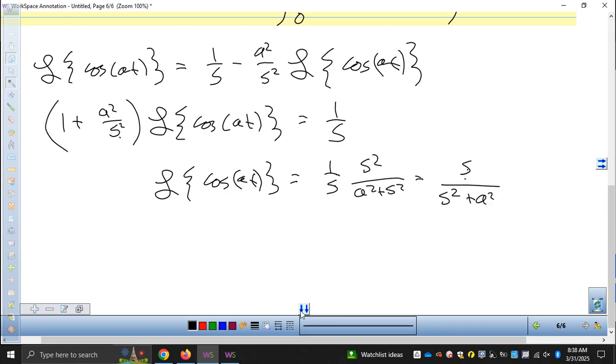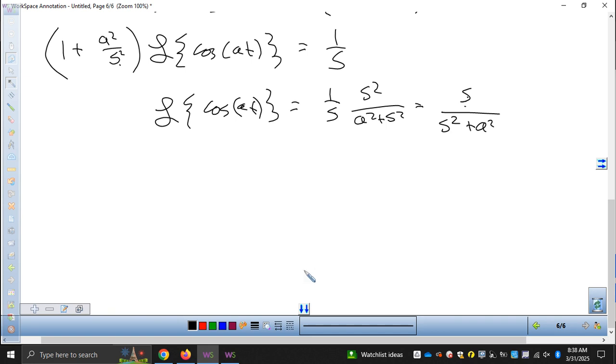So just to condense this, the Laplace transform of cosine of at equals s over s squared plus a squared.